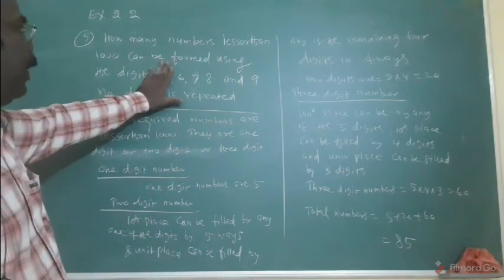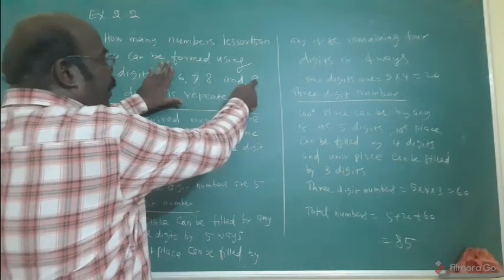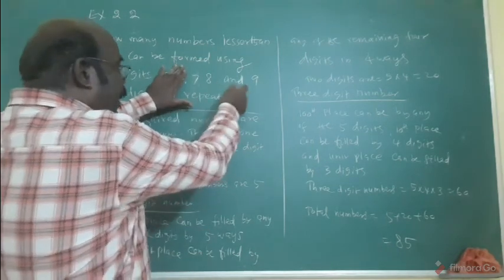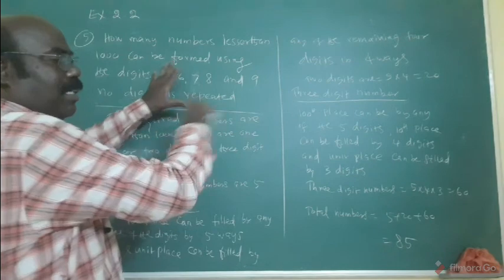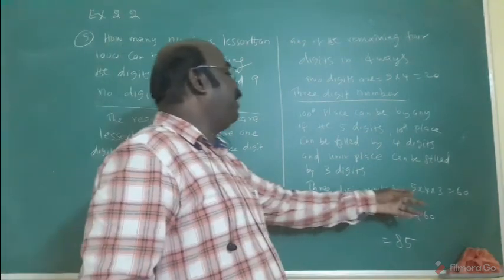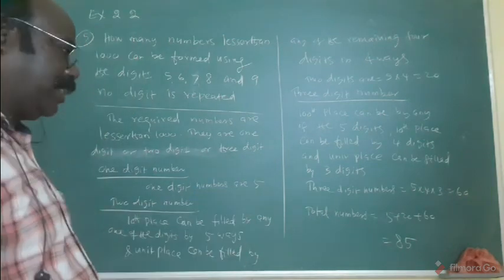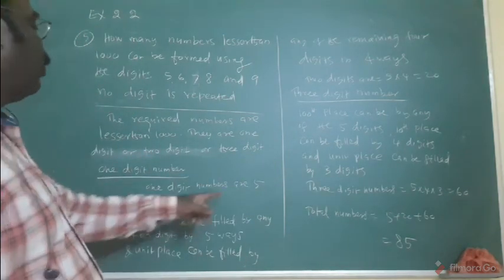In this way, we have 5 into 4 into 3, multiply, 60.